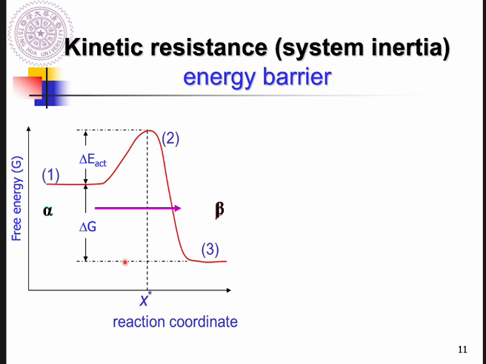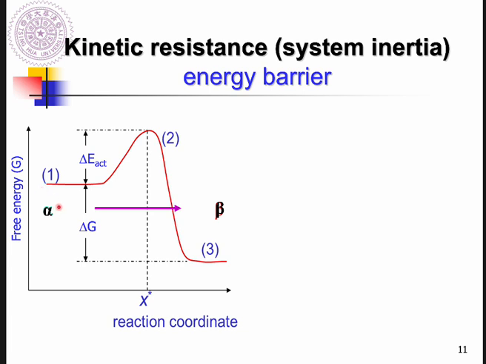I also want to give you another case regarding phase transformation. Here we have alpha phase and also beta phase. Based on the free energy versus the reaction coordinate, we observe that the Gibbs free energy of beta phase is smaller than alpha phase.